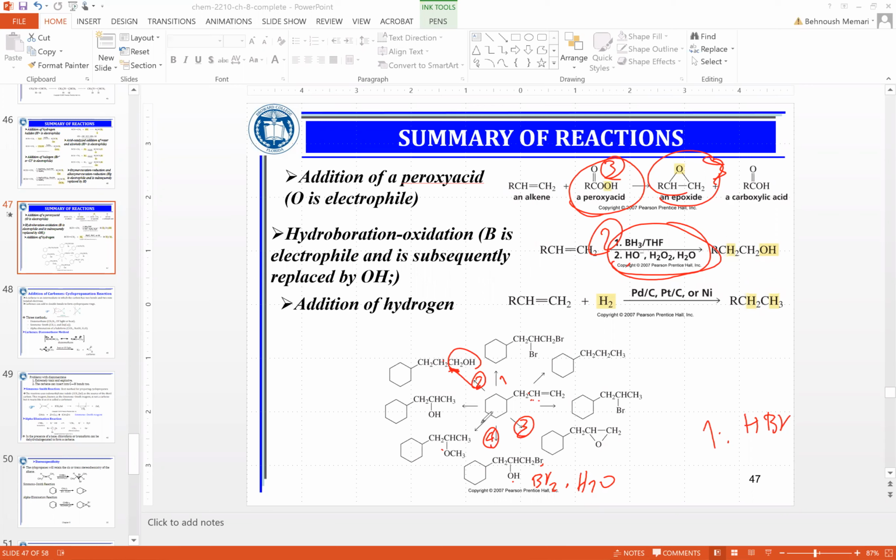Direct addition of alcohol with the acid, or alkoxymercuration, demercuration, both of them would work. Direct addition or oxymercuration, demercuration. So you have both chances. Oh, for 1 was not HBr because I didn't see this Br here. You're adding Br2, right? For 1 is Br2. HBr is used here.